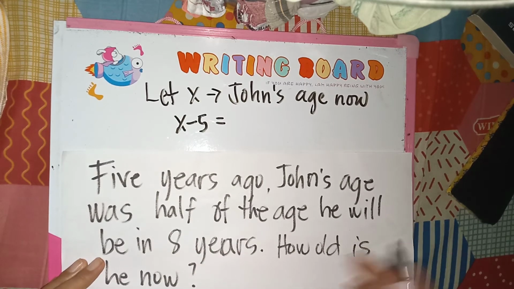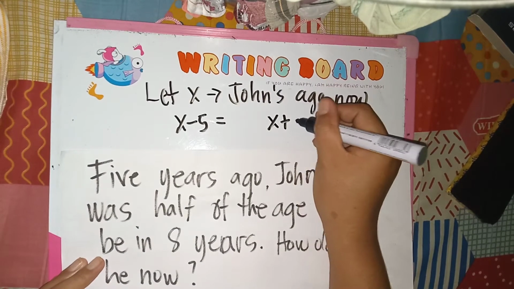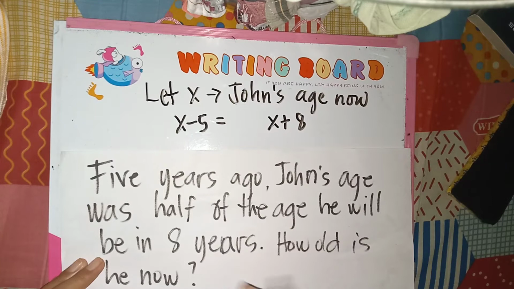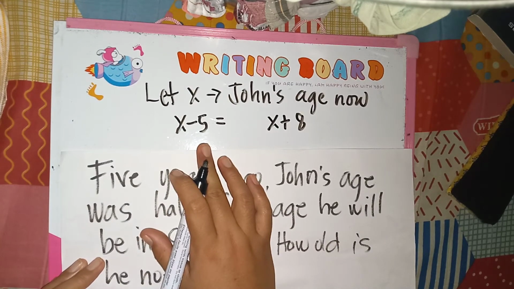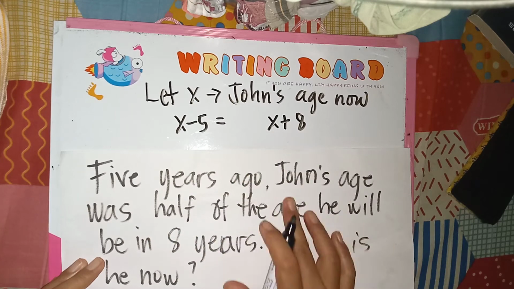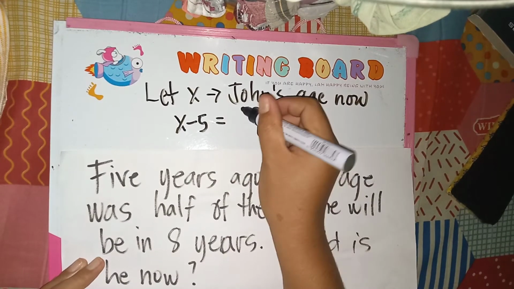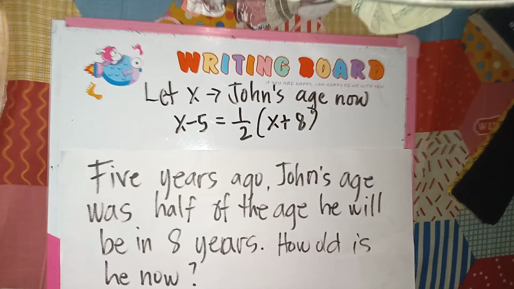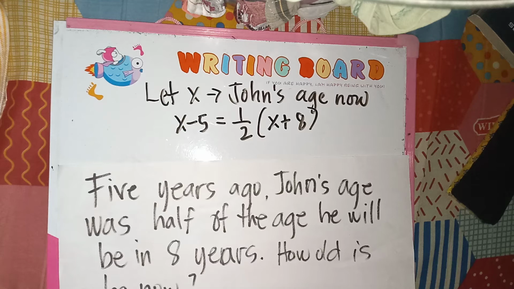So what will be the age of John in 8 years? It will be x plus 8. Tama? And it says here, 5 years ago, John's age was half. So magkakaroon tayo ng 1/2 of the age of John in 8 years.